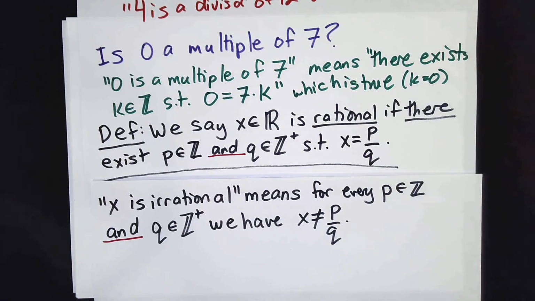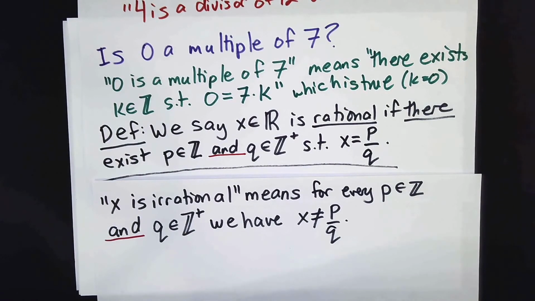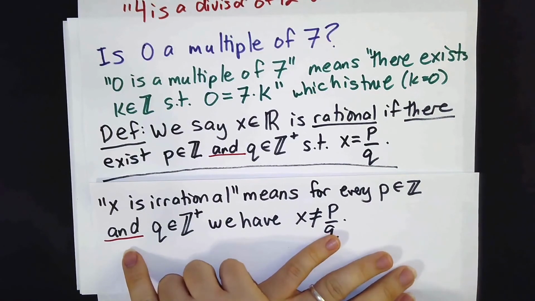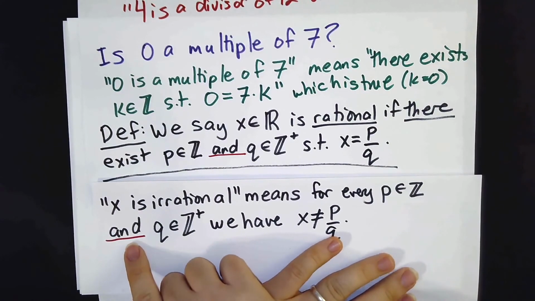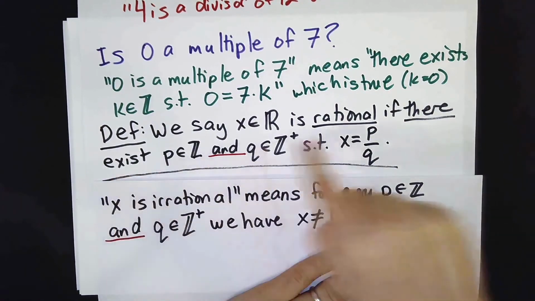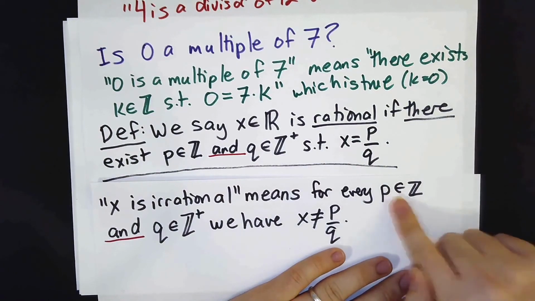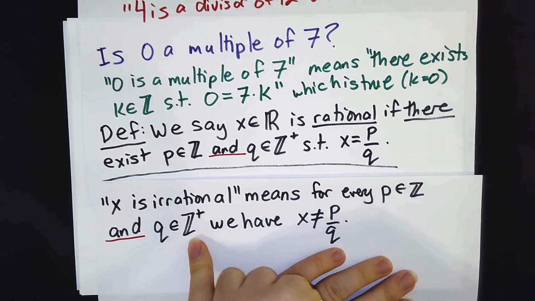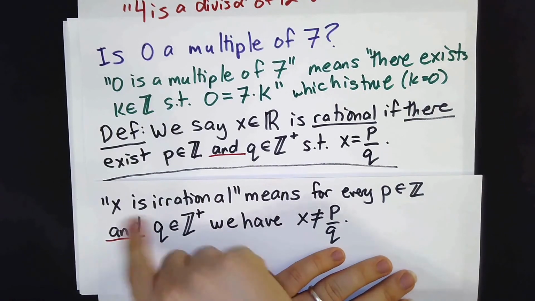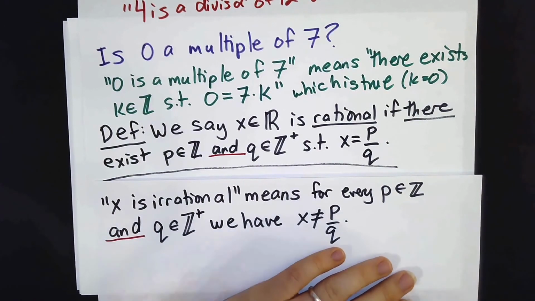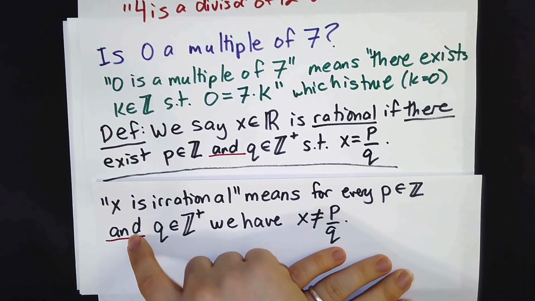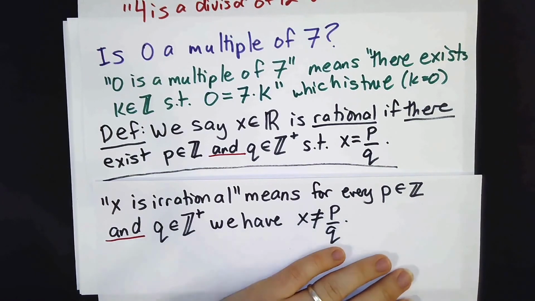The reason is because, again, logical ands become ors. This is not a logical and. This is an and that is just there linking this p in Z with this q in Z plus. Really, this is an and like in a list. I would like apples, bananas, and oranges at the store. That and is not a logical and. Neither is this one, so it does not get flipped.